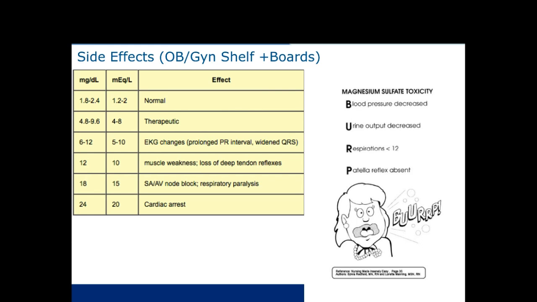Remember, if you have elevated magnesium, you're going to have elevated calcium, so everything is going to decrease. Your blood pressure is going to decrease because your heart's not functioning well. Urine output is going to decrease. Your respiratory rate is going to decrease. Your patellar reflex is going to decrease, well, we already knew that, right? Because you have high calcium, you have a hypoexcitable state.